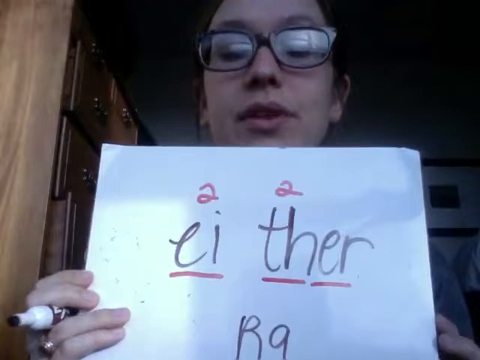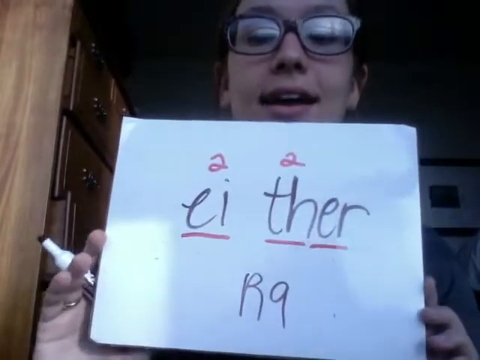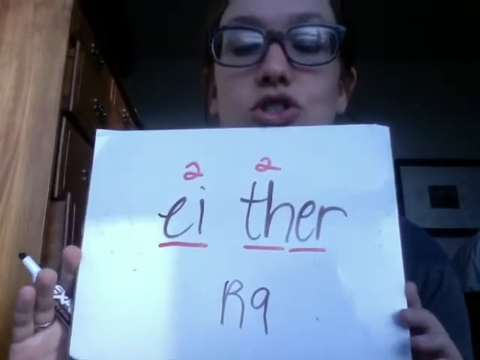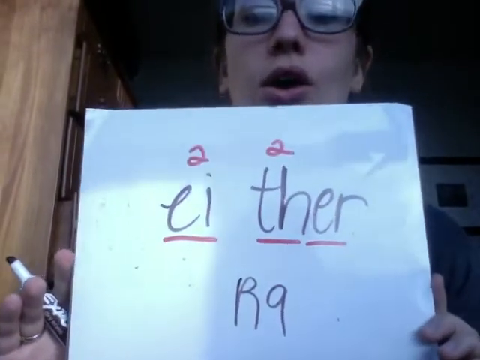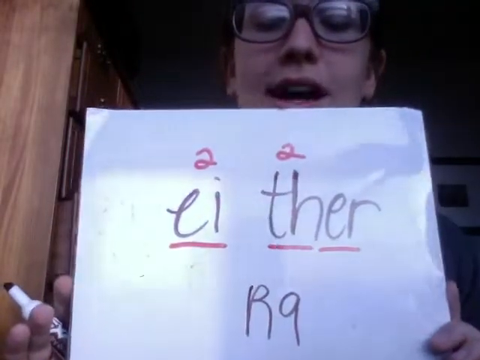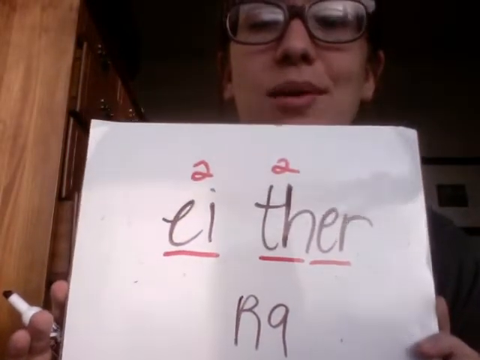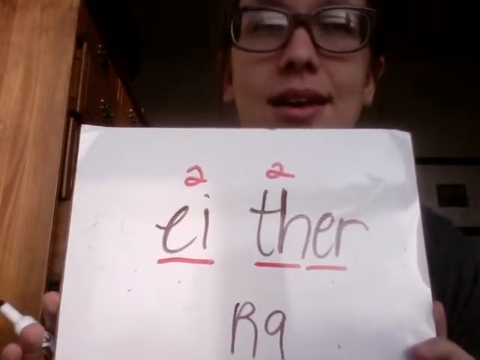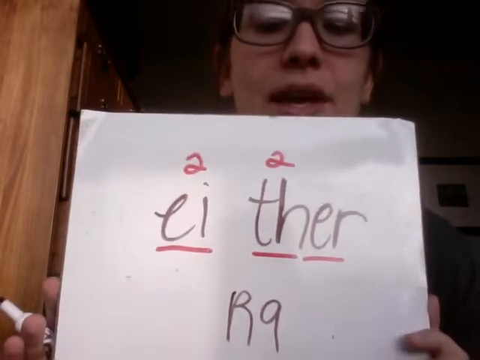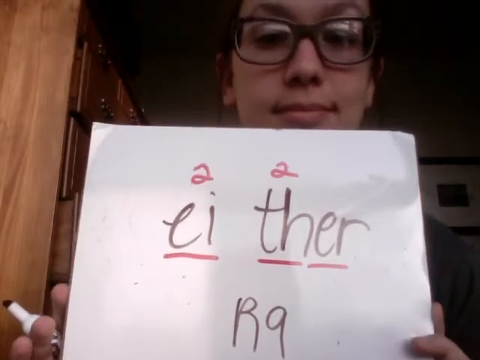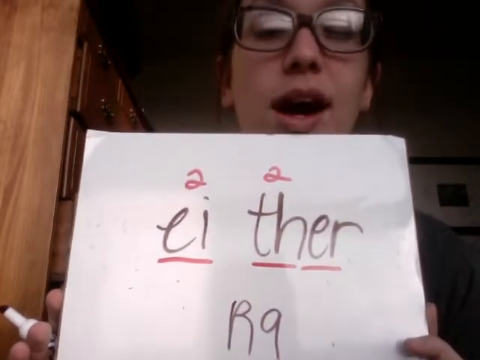Here's how you spell it. E-I-T-H-E-R. Rule 9 is our I before E except after C rule. Here we have an exception. Okay? E before I. All right.